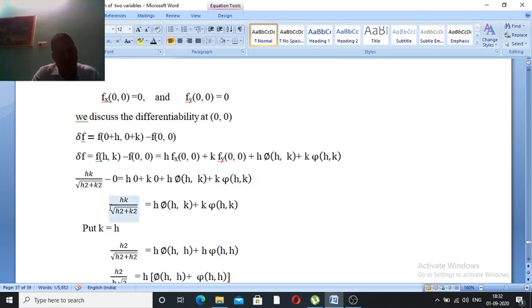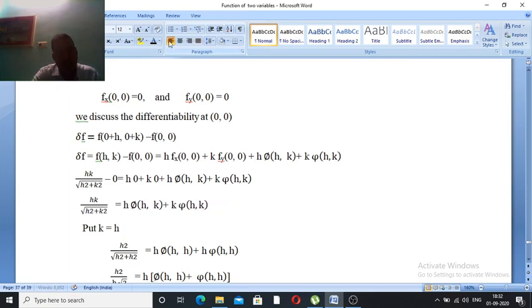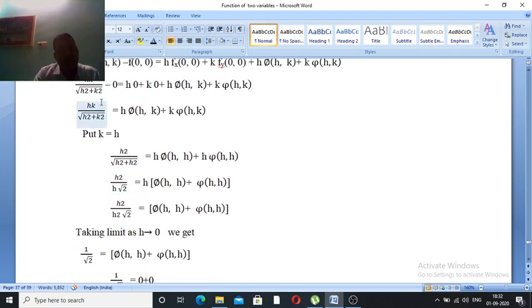Therefore, hk upon the square root of h square plus k square is equal to h phi(h, k) plus k psi(h, k). Put k equal to h. Therefore, h into h is h square upon the square root of h square plus h square, equal to h phi(h, h) plus h psi(h, h).